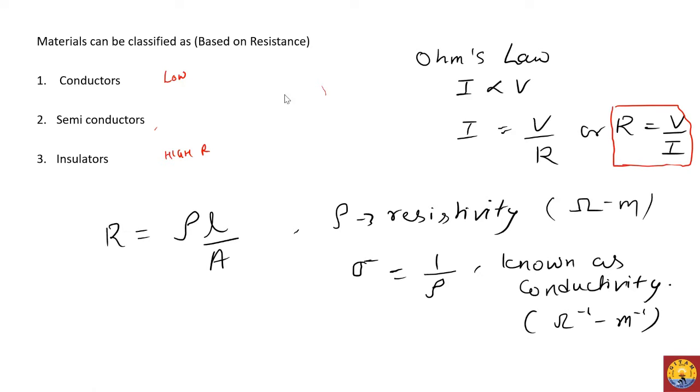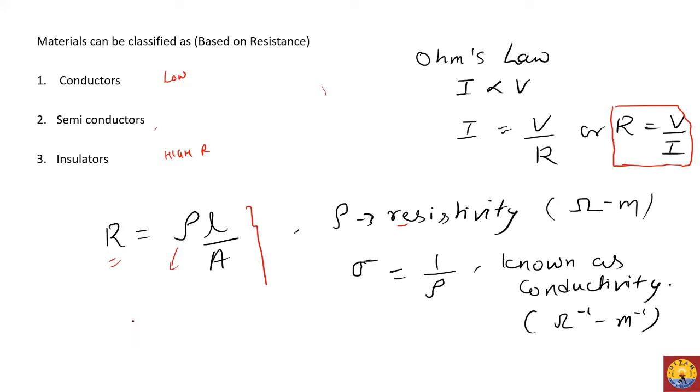Then we have another formula, that is R is equal to rho L by A, where L is the length of the wire and A is the cross-section area of the wire. This rho is called resistivity. And here we can see that resistance depends on the dimensions of the material also. So if you have a very high cross-section area, you will have a low resistance.